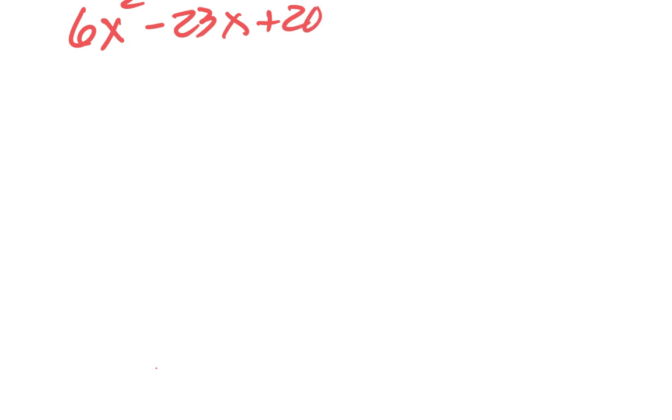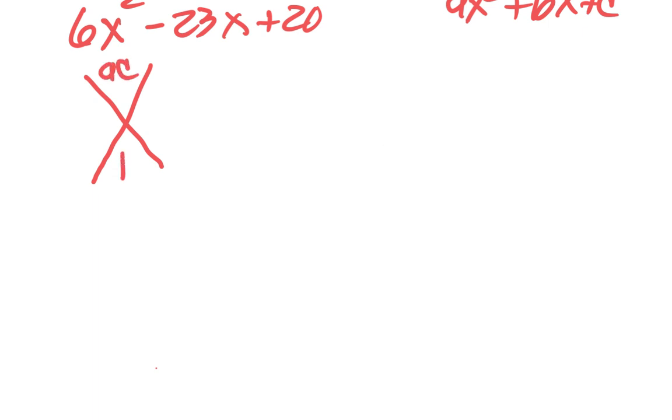Now, remember, trinomial ax squared plus bx plus c. If I know what a, b, and c are, I can do my x factor table. Okay. So the a times c goes up at the top. The value of b goes at the bottom. So let's label what we got. A, that's the number in front of x squared.